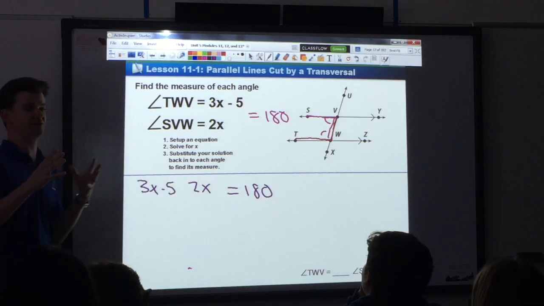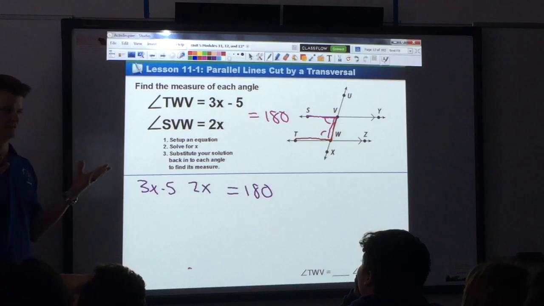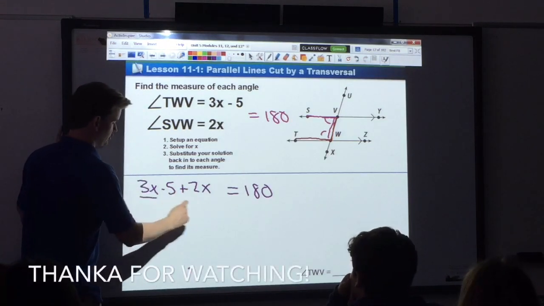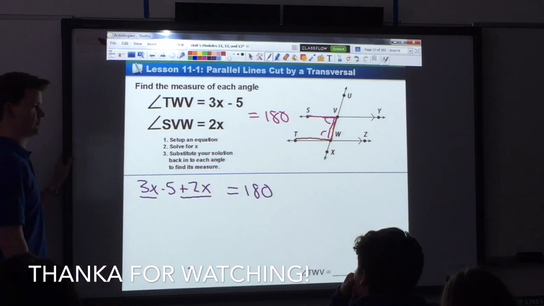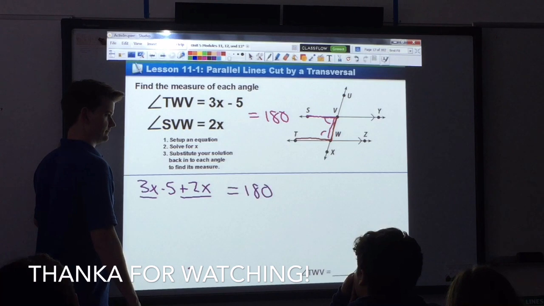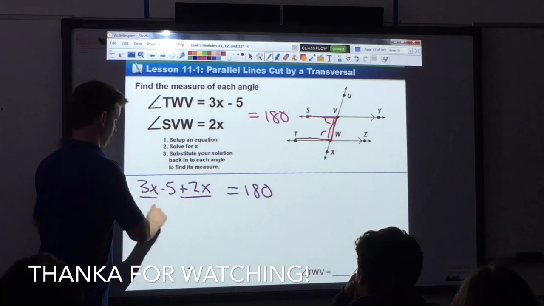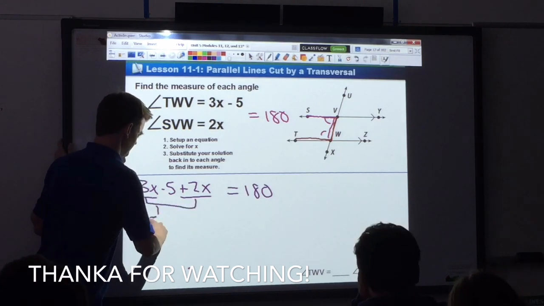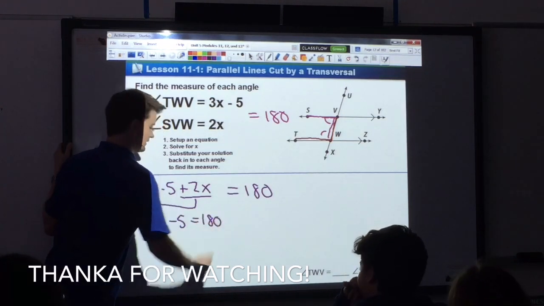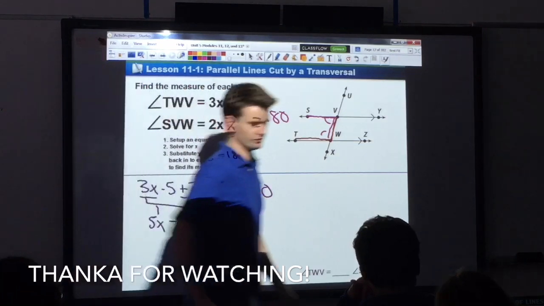Alright guys, if it's a positive number, what symbol do we use? Addition. It's a positive number. That's addition. Shimon, combine your terms here. 3x and 2x. What would they equal? 3 plus 2, 5. Alright, so we combine these. That gives me 5x. I bring down the negative 5. That equals 180. How would I go about solving this?